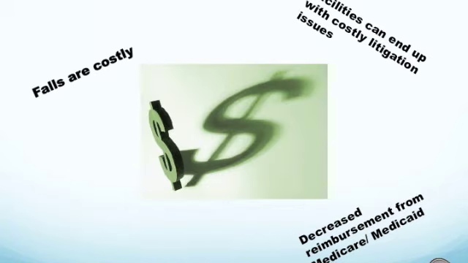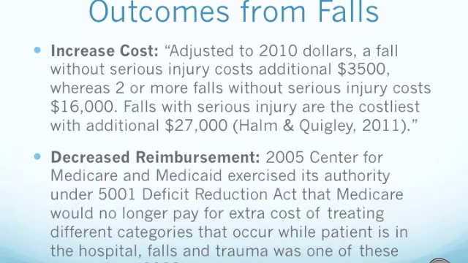New Medicare reimbursement rules: Medicare will not provide additional reimbursement for certain categories that occur during hospitalizations. Fall and trauma are included in these categories. So who is responsible for additional costs for the hospitalization? Unfortunately, the hospital would be responsible for any additional cost.